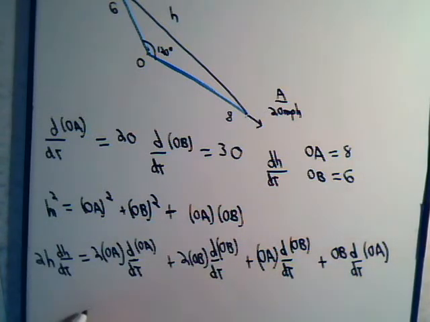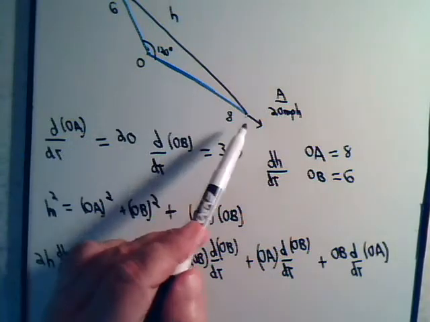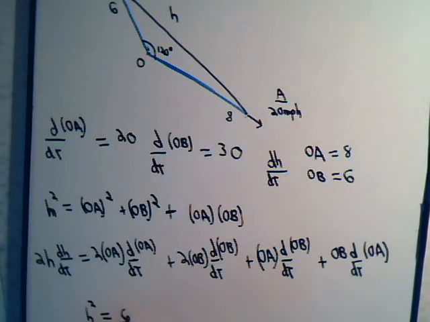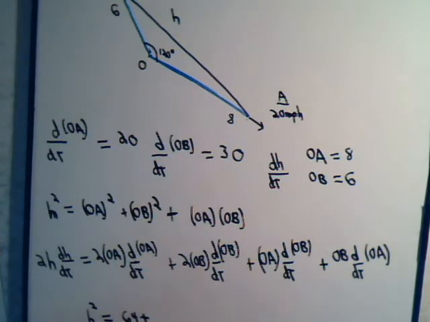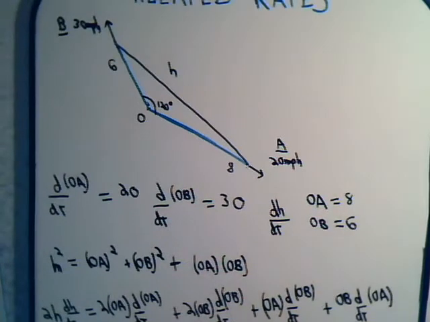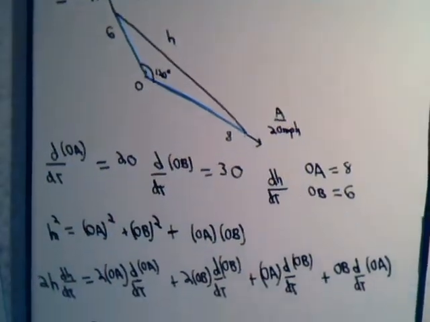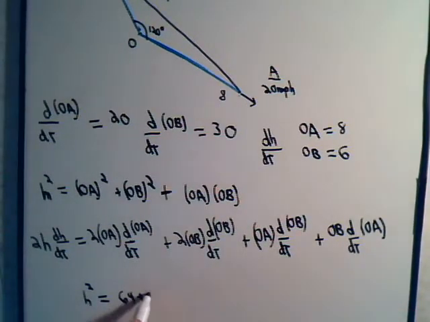H squared will equal OA squared, that's 8 squared, which is 64, plus OB squared, that's 6 squared, so that's 36, plus OA times OB, 8 times 6.